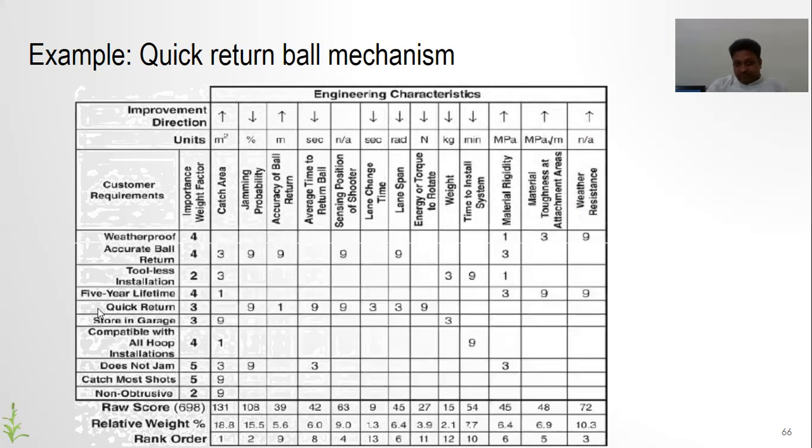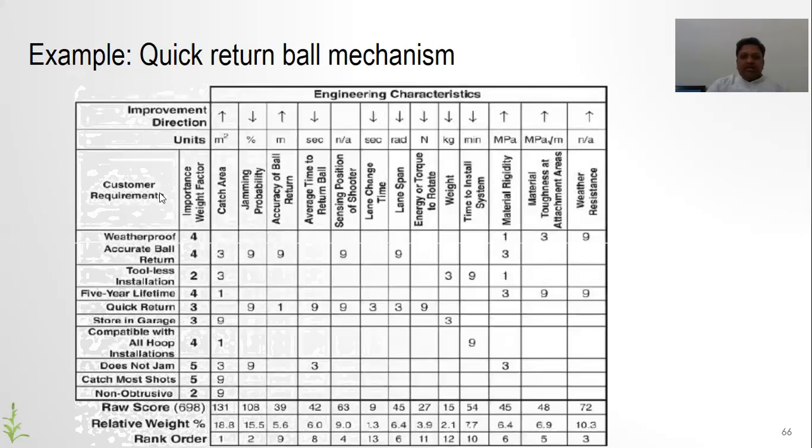Quick return, store in garage, means not stored in a sophisticated area, it is stored in garage, so it should be robust and withstand. Compatible with all hoop installations, does not jam with rust or that sort of thing. Catch most shots. Then non-abrasive, it should be non-abrasive, otherwise it will damage the skin.